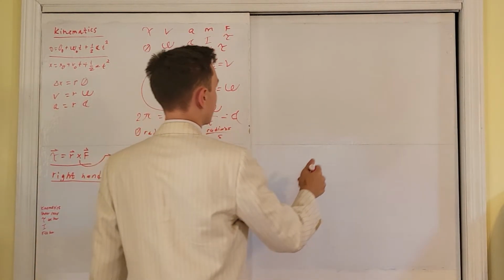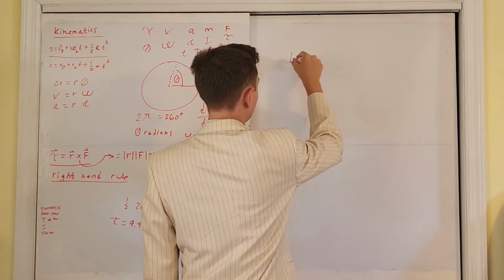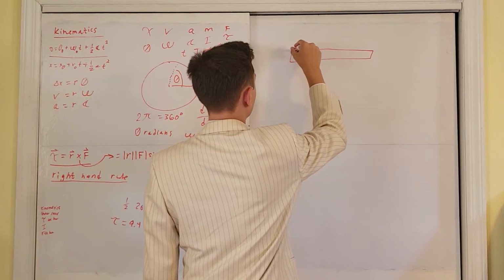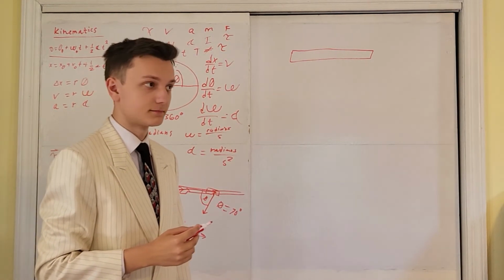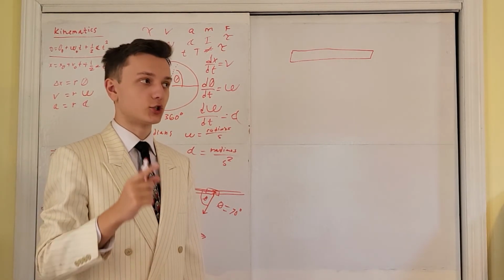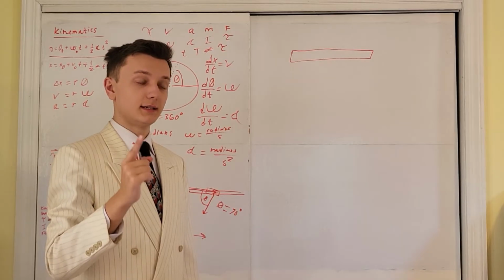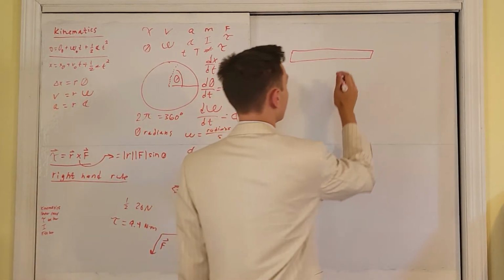So in the case of free body diagrams of torque, there's an interesting nuance that is introduced, okay? If I were to be given a rod, let's say like this, and I were told that it has a uniform density, meaning it has the same density everywhere, that should immediately tell you that for any object with a uniform density, the center of mass is directly in the center of the object.